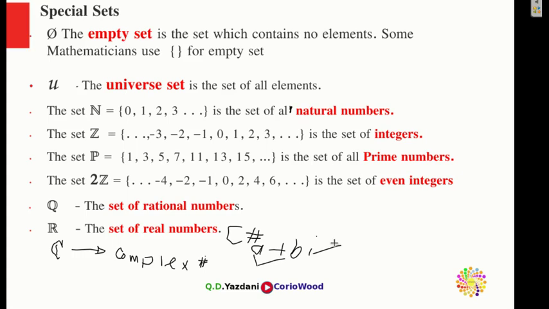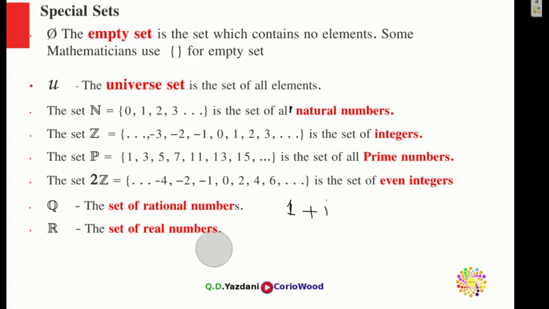The set of real numbers and the set of imaginary numbers are subsets of the complex numbers. For example, we can put a 1 plus i. We can do that. Now that we know what complex numbers are, what real numbers are, and what rational numbers are.